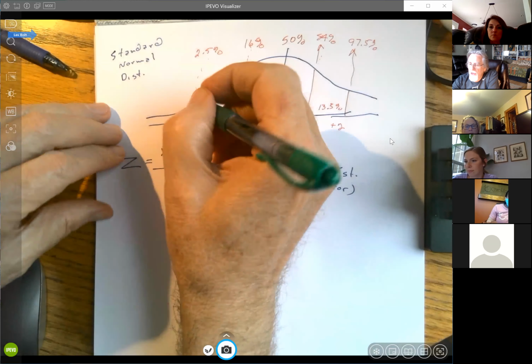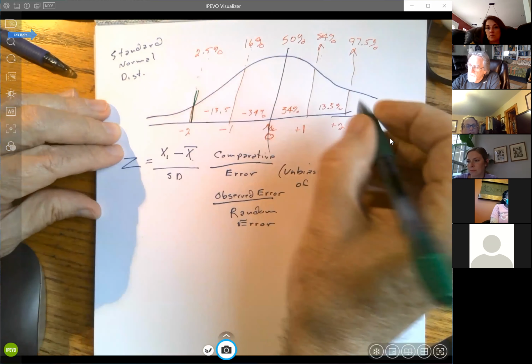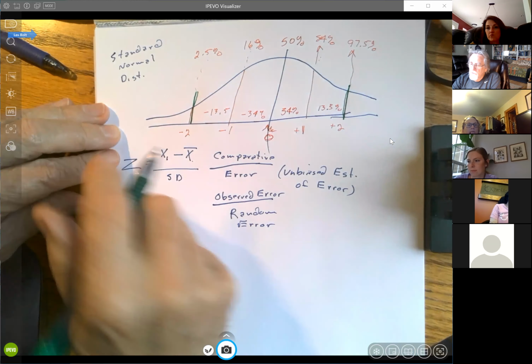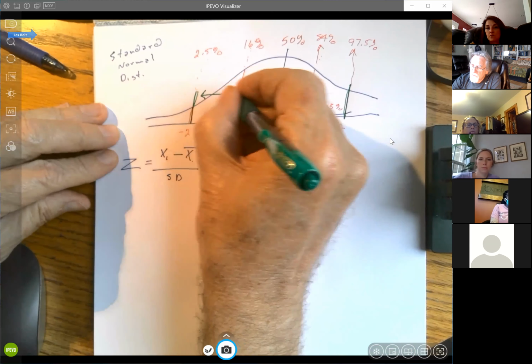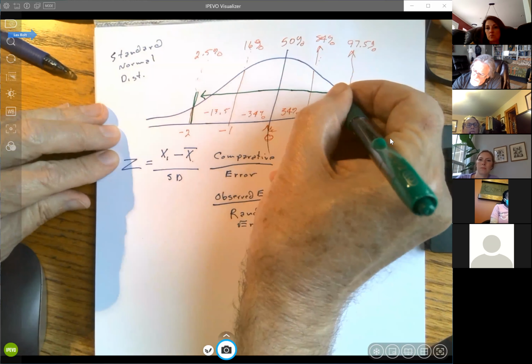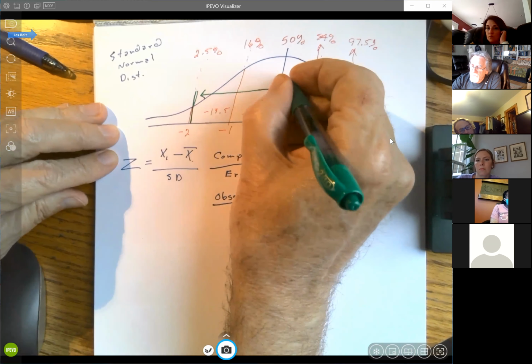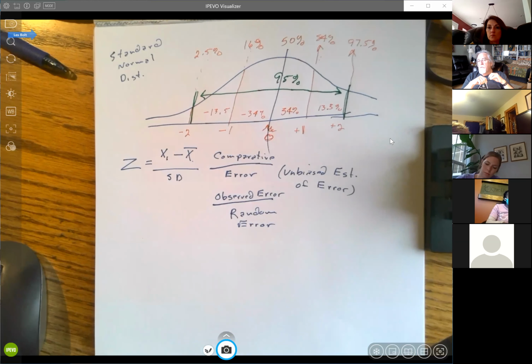So what happens is that if you look at the difference between -2 and +2 standard deviation units, that encompasses 95% of the space. Now, it's not exact. I've rounded these percentages off just a little, but it's pretty close.